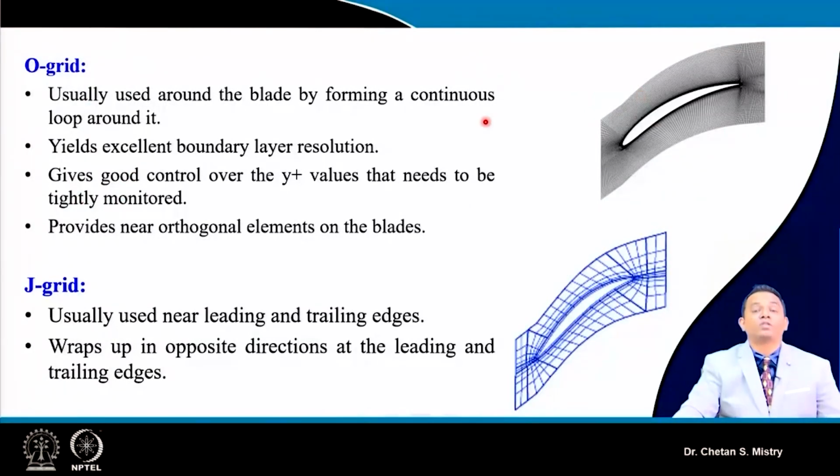Now we need to select what kind of grids or mesh elements we will be using. Here, if you look carefully, this is our blade. Surrounding this blade, we can observe a very fine mesh. That is to capture the growth of the boundary layer.